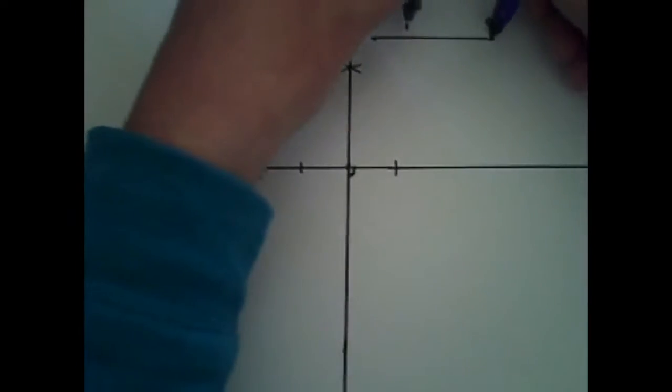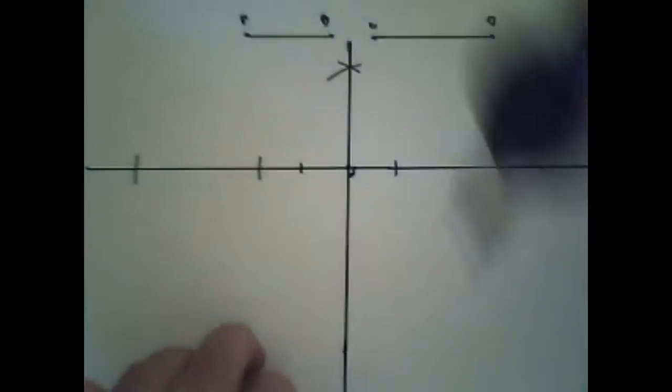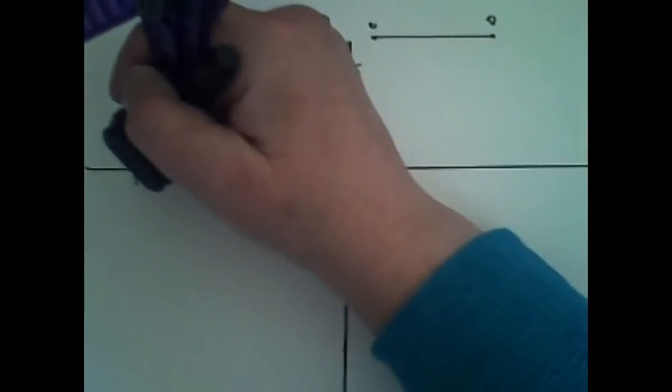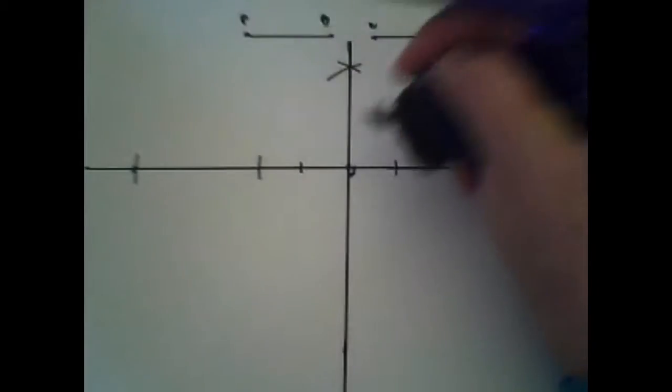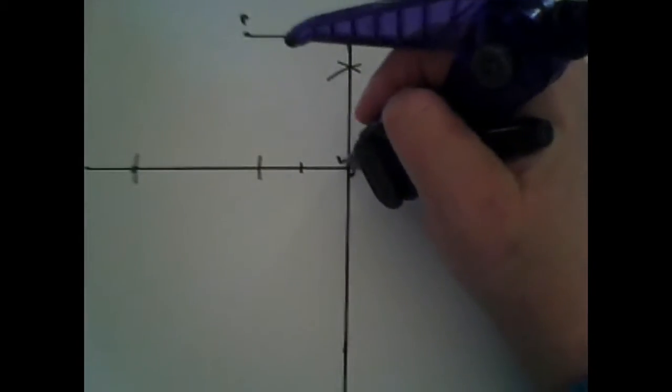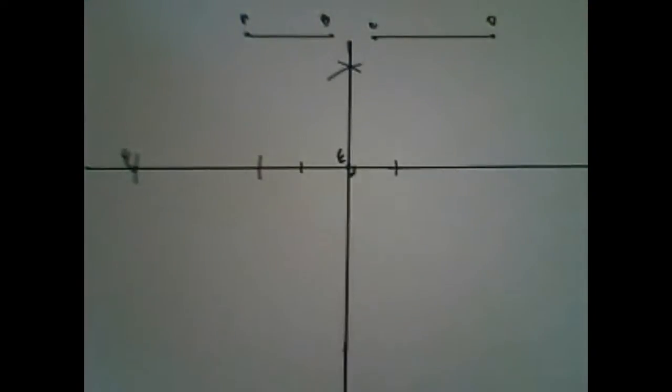I'm going to measure the distance from C to D, put that measurement right here. I now have a line segment that has a length equal to the sum of the two line segments. Let me go ahead and label this one. I'll label it E, and I'll label this F. So segment EF has a length that's equal to the sum of those two segments.